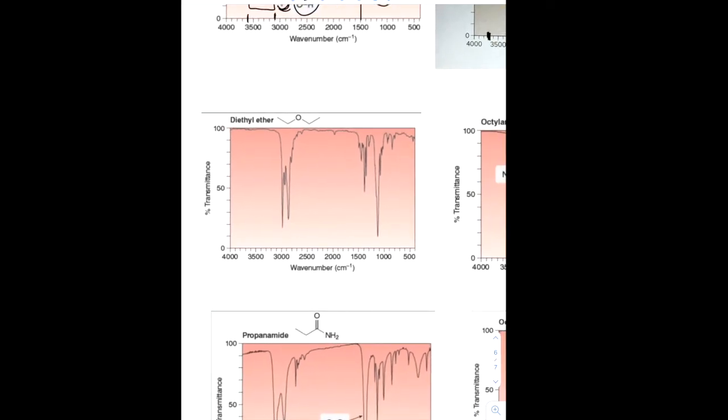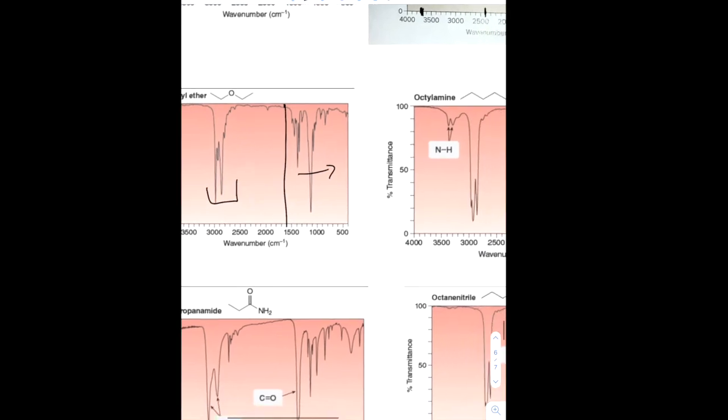So this is an ether functional group. It does contain an oxygen, but notice there's really not much going on. Most of the stuff is to the right, but we do have the Csp3-H's, and that's about it. So if we know we have an oxygen, but we don't really see a carbonyl or an O-H, then we're thinking it's an ether.